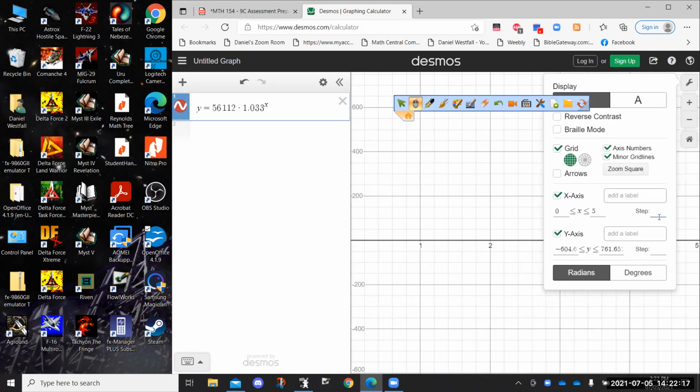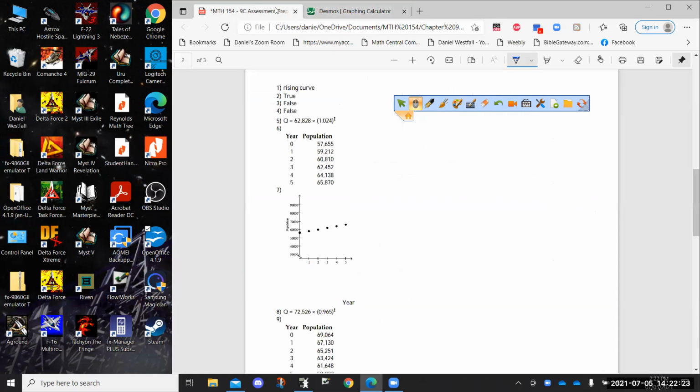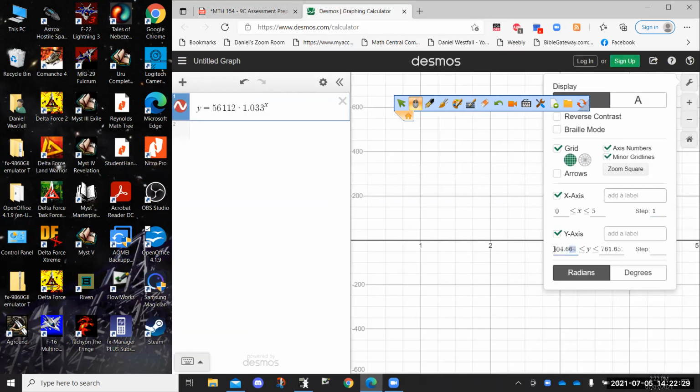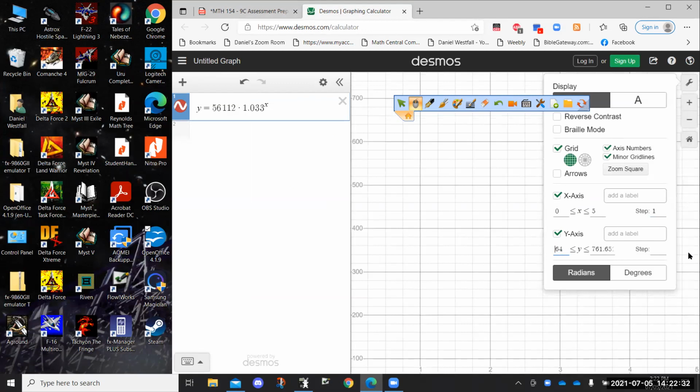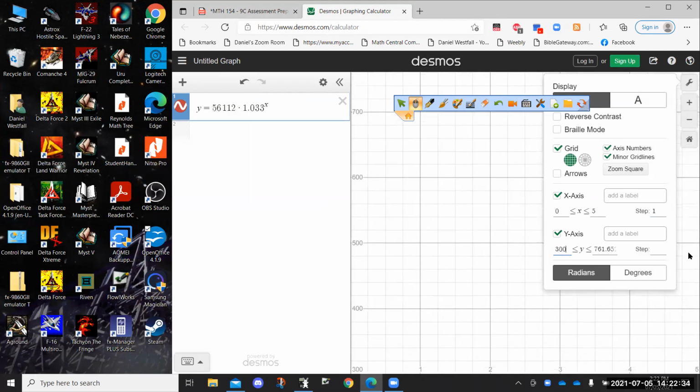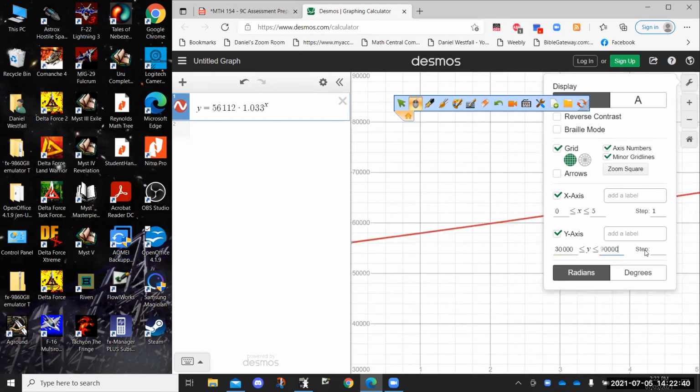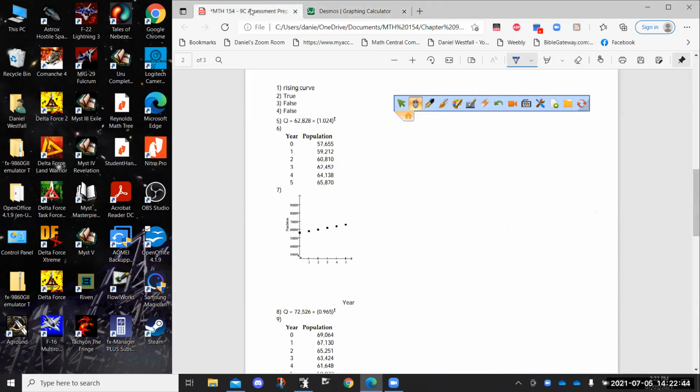Let's step by tenths. I don't even, yeah, step by ones. And then my y-axis, I want to go from, what was that, 30,000 to 90,000. I want to step by 10,000.